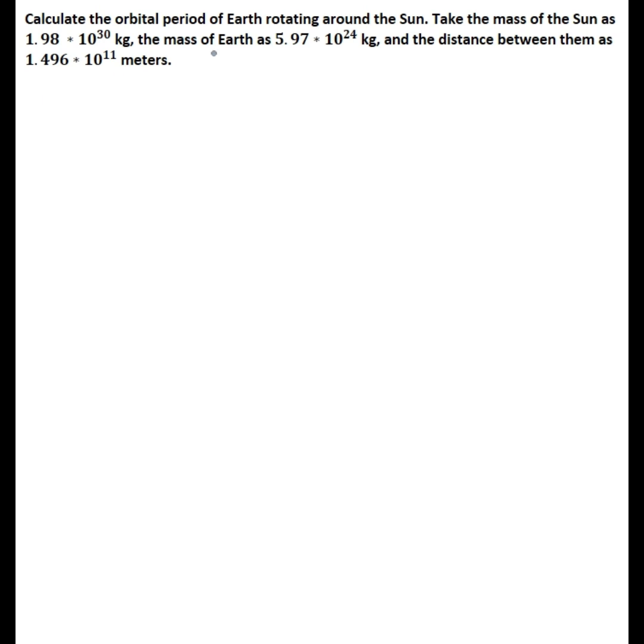So, because the mass of the Sun is so much greater than the Earth, we can assume Earth acts as a satellite. So we can use the equation that velocity is equal to the square root of the gravity constant times the mass of the Sun in this case, because it's the big one, divided by the radius.